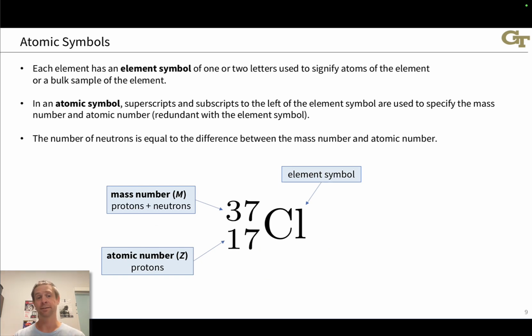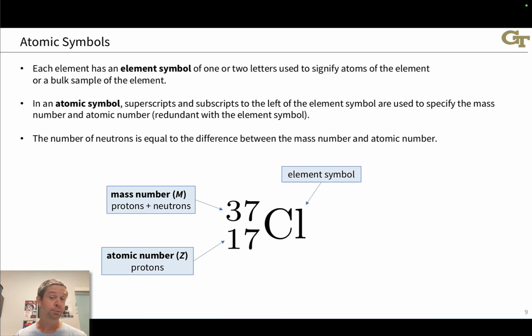In an atomic symbol, we use superscripts and subscripts to represent the mass number and atomic number respectively. And there's a convention here as far as where we put stuff. So the bulk of an atomic symbol is just the element symbol. Here's the symbol for chlorine, for example, Cl. The atomic number of chlorine is 17, and that goes in the bottom left as a subscript to the left of the element symbol.